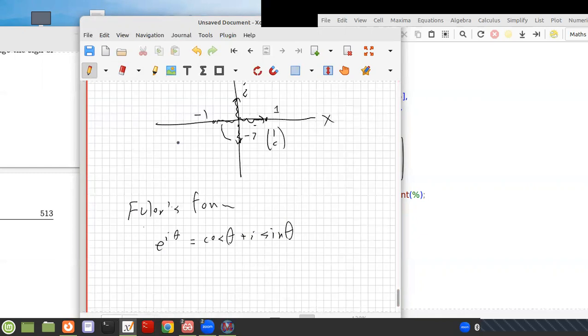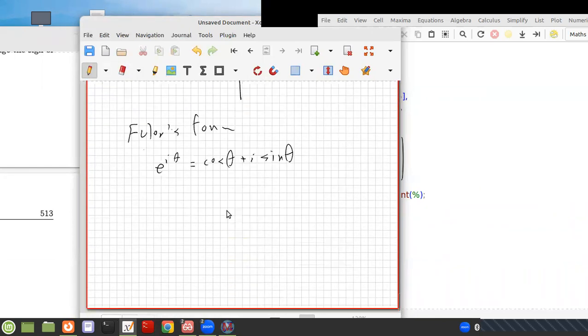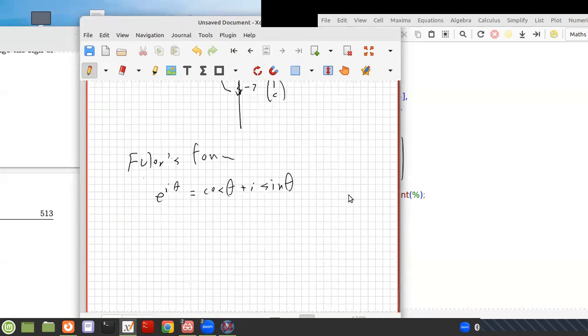Well, you notice that, and then up here, what's happening is, let's see, what does this correspond to? If I treat this as cosine theta times the identity plus sine theta times the matrix 0, -1, 1, 0.